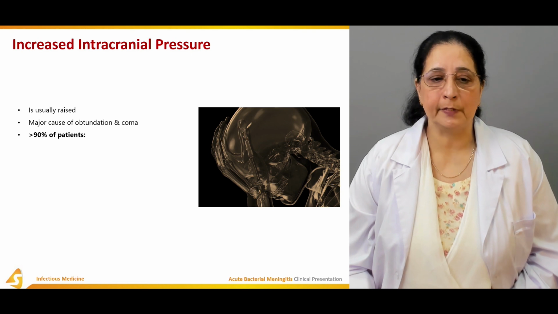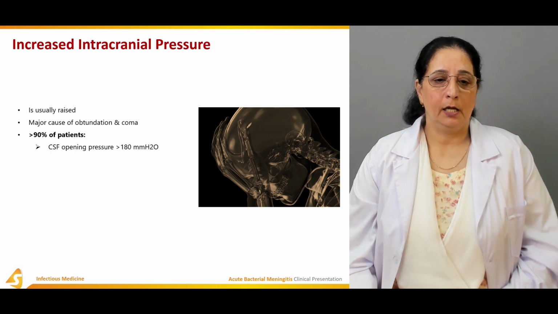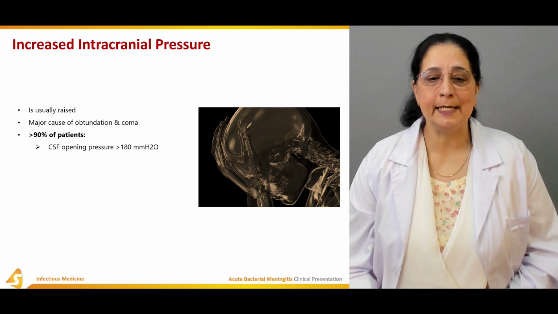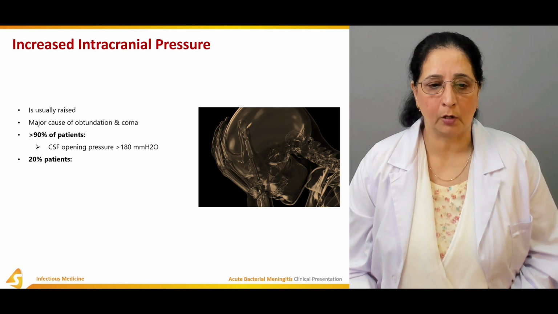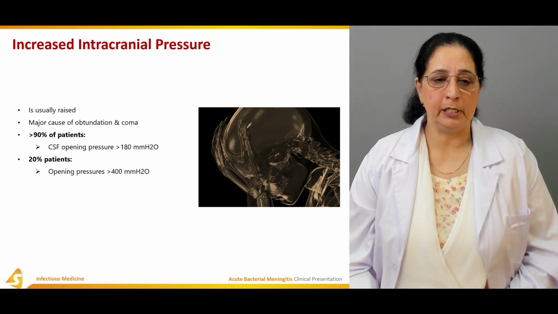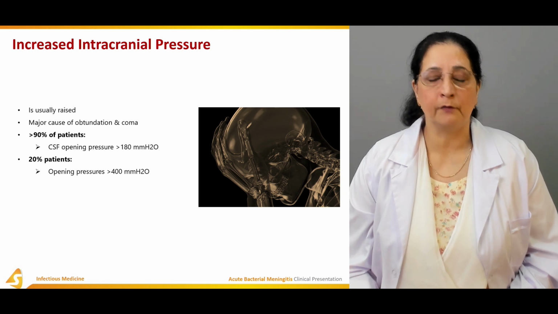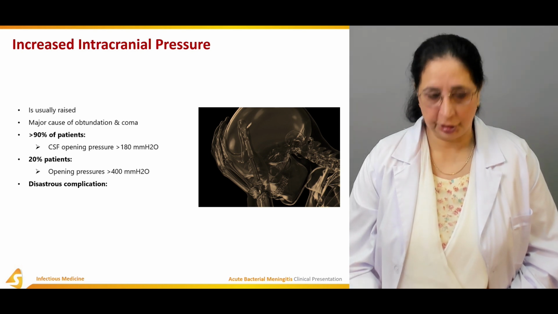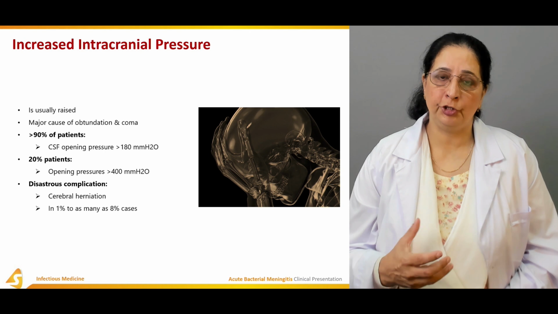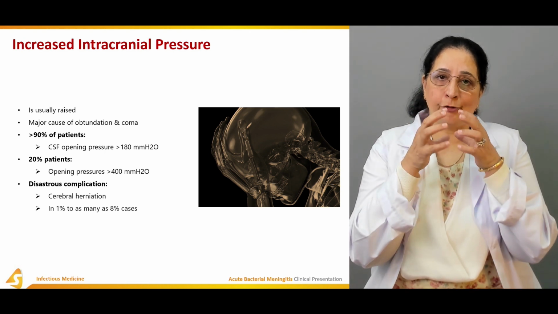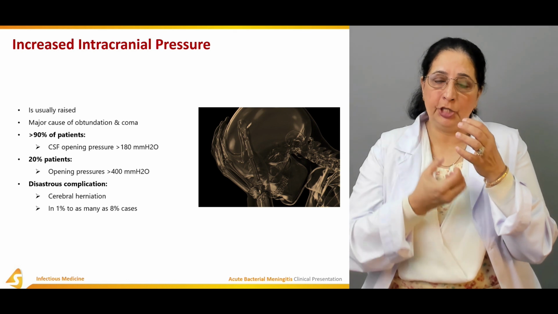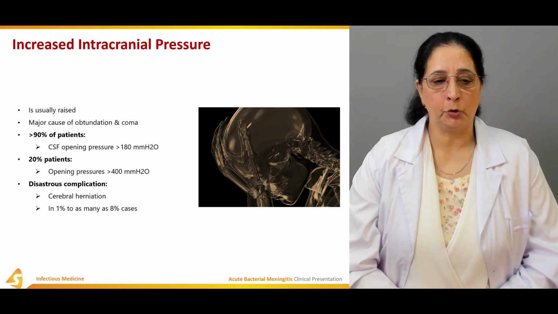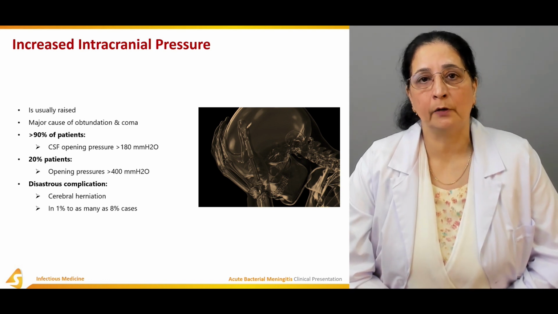More than 90% of the patients usually have a CSF opening pressure more than 180 millimeters of water. 20% usually have an opening pressure more than 400 millimeters of water, and the disastrous complications include herniation. As a result of increased pressure, there is herniation or bulging of the cerebrum, occurring in 1% to as many as 8% of the cases.